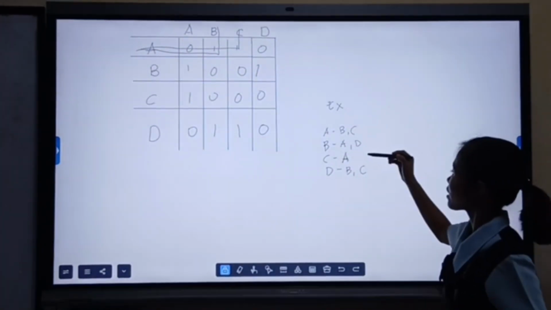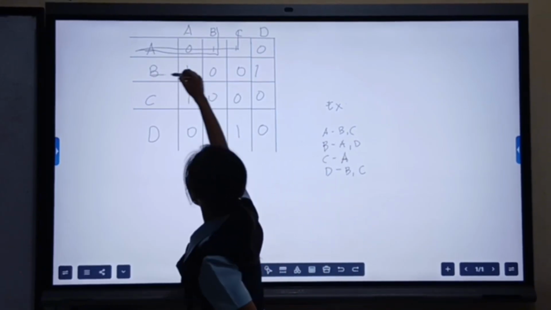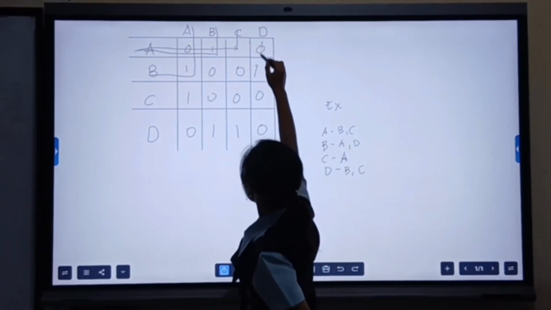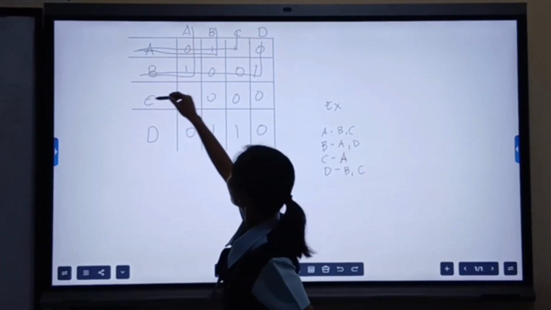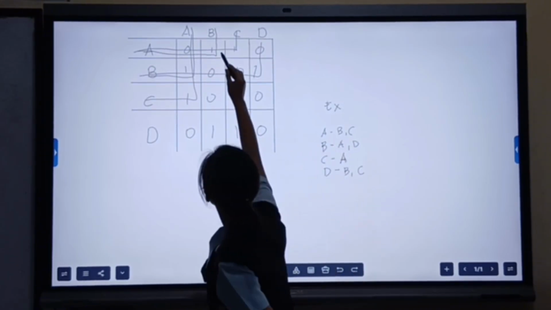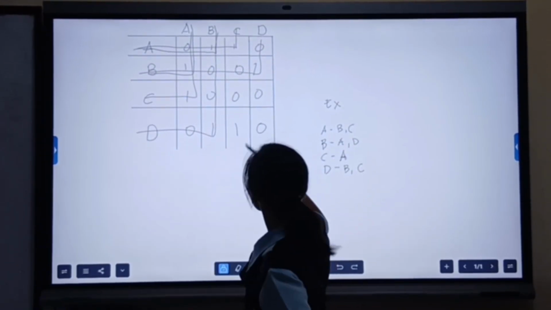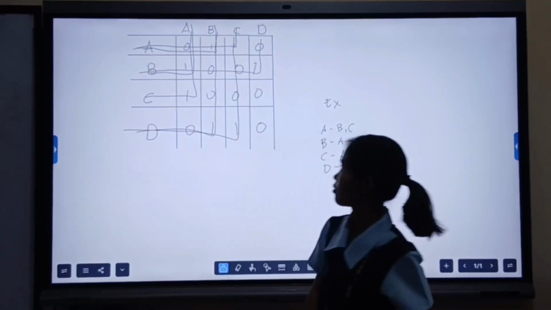Still the same for B, C, and D. So B is connected to A, and D continues to C, and C to D. That's simple.